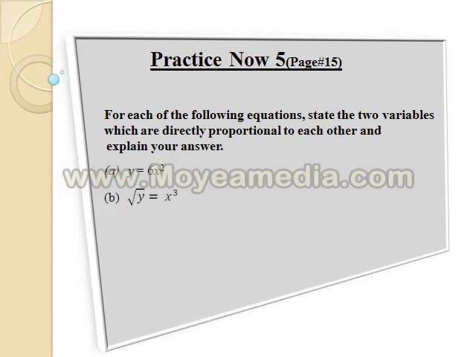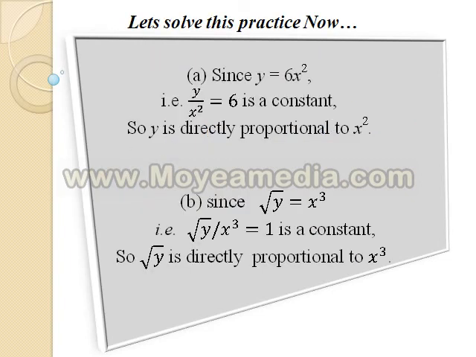He is asking whether y is directly proportional to x square or y is directly proportional to x. In the same way, in the second part, we have to state whether y is directly proportional to x, or under root y is directly proportional to x cubed. Okay, let's see the solution in front of you now.